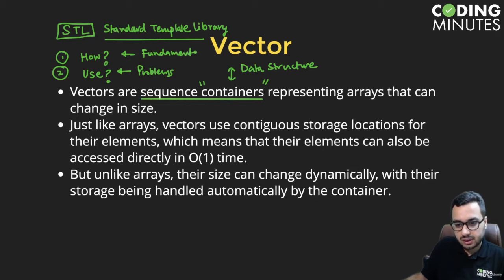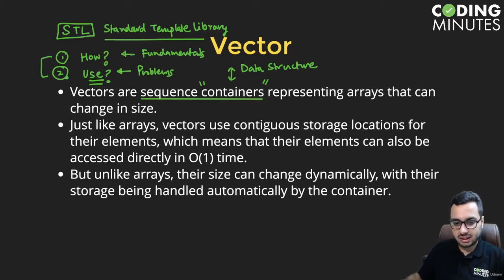We will cover the how part, and we will also see some examples of how to use vector while solving a problem. The Standard Template Library gives you an inbuilt vector so that you can directly use it in problems.